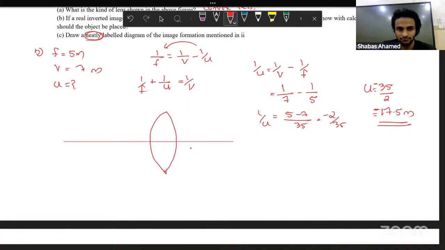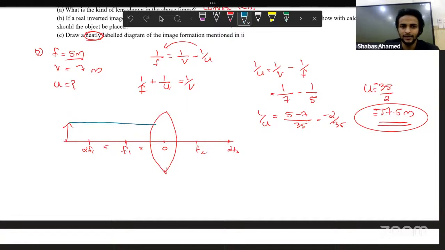This is the lens, this is the origin, and this is f1, this is 2f1, this is f2, and this is 2f2. In this case, the focal length is just 5 meter, so this is 5, and this will be again 5. But in this case, the object distance is given. We got it as 17.5, so the object will be behind 2f1. Now we can do this one.